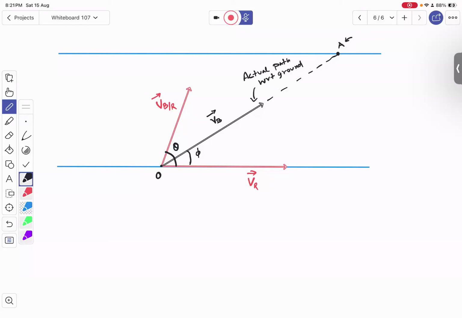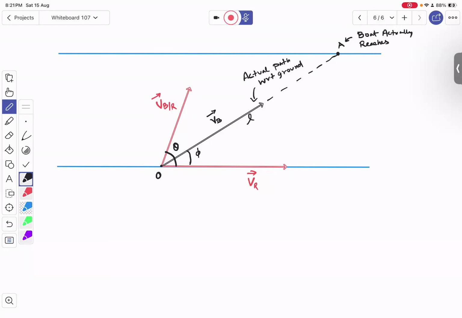This is the point A where the boat actually reaches. So I have to find the length of OA. Maybe I call OA the path length L.